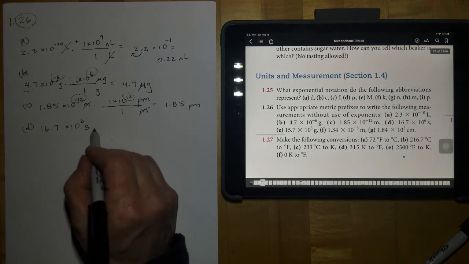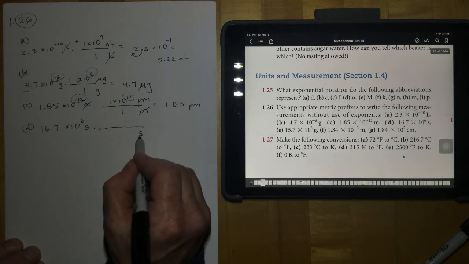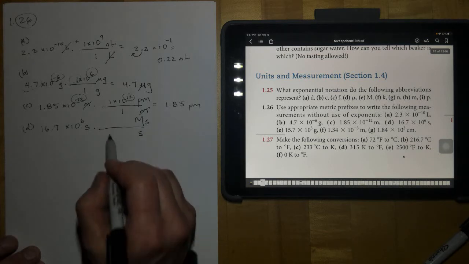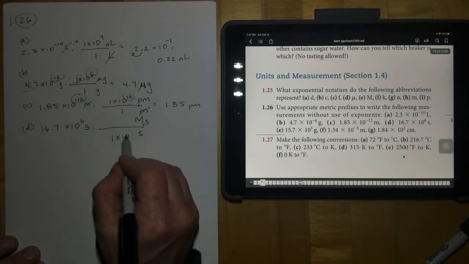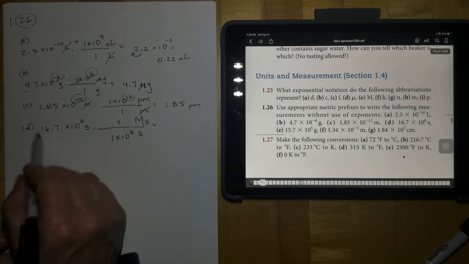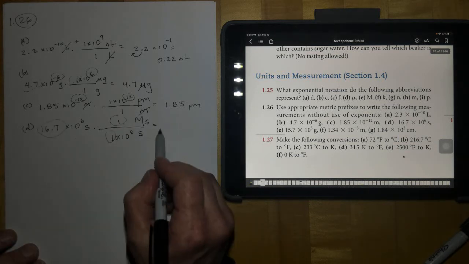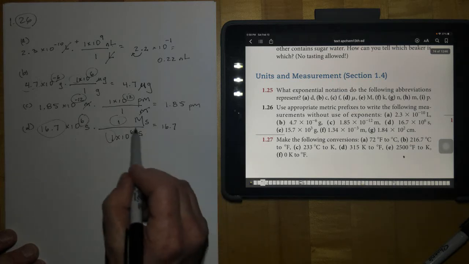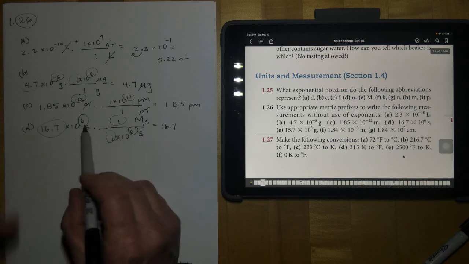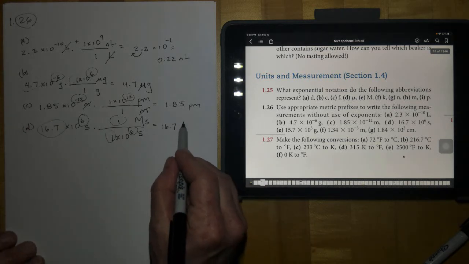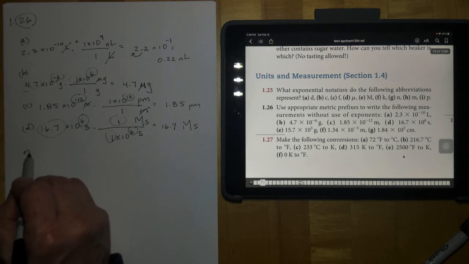And so if I was going to go from seconds to megaseconds, I'd put seconds in a position where it's going to cancel. Megaseconds is my new set of units, and there are 1 times 10 to the 6th seconds in 1 megasecond. Now multiply these numbers right here, and so I end up with 16.7, and then subtract these exponents, because when you divide, you subtract exponents. So 6 minus 6 is 0, so it would be 16.7 megaseconds.